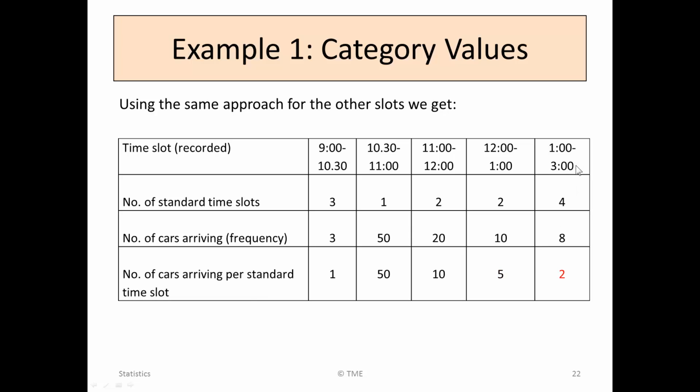And between 1 and 3, that's 2 hours, or 4 standard slots. 8 divided by the number of slots, 4, gives us 2. So we now have the table done. We've got the number of cars arriving per standard slot, the number of cars arriving, and the number of slots. So in each case, this 20 divided by 2 gives us 10, 10 divided by 2 gives us 5, etc.